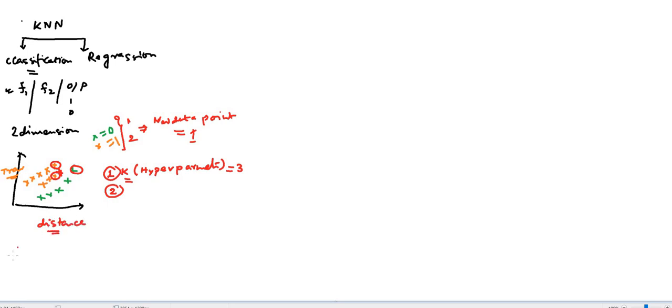Okay, now how is the distance calculated? There are 2 ways. One is Euclidean distance, and another is called Manhattan distance.